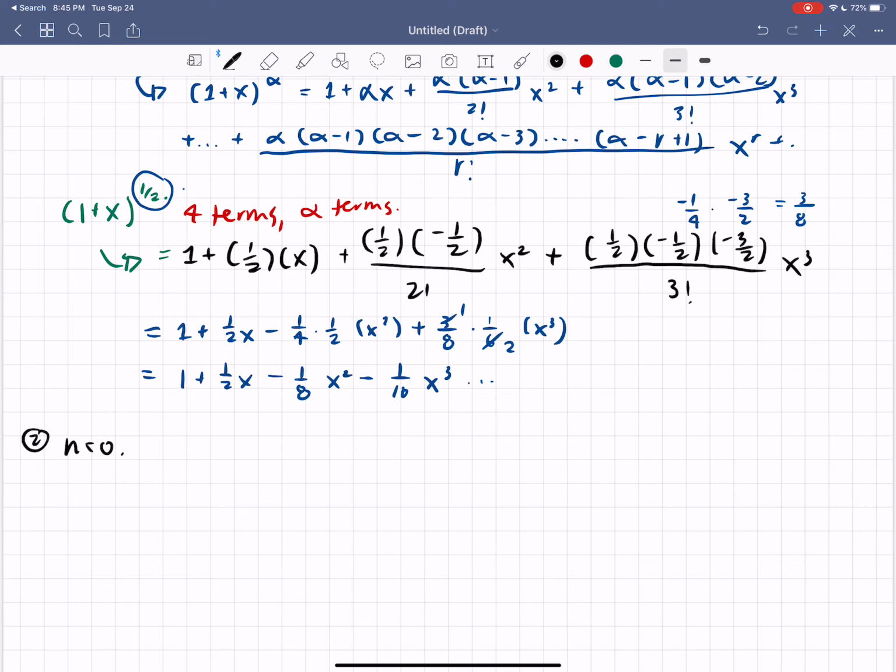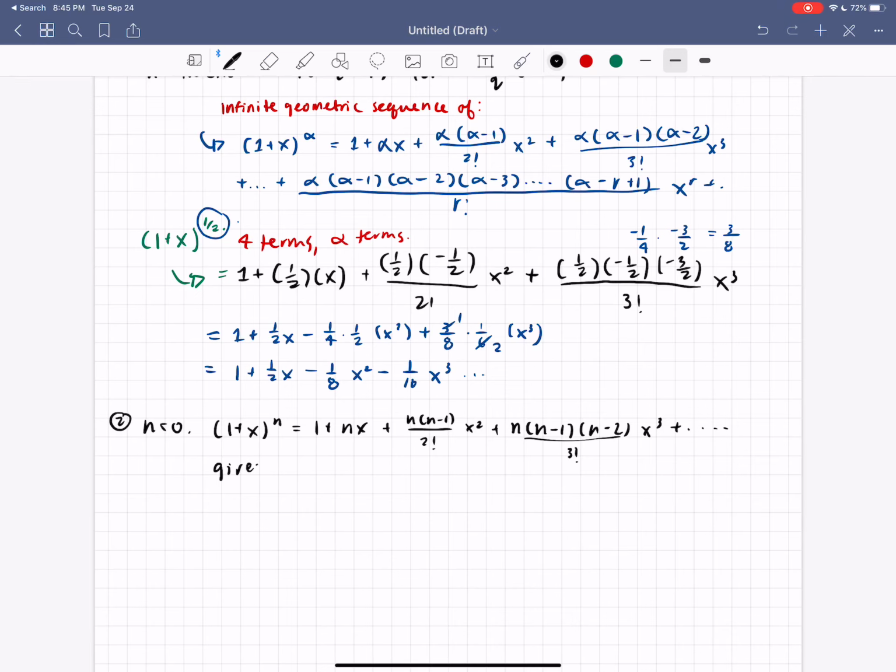All we'd have to do is use this formula: (1 plus x) to the n is equal to 1 plus nx plus n times (n minus 1) over 2 factorial x squared plus n times (n minus 1) times (n minus 2) over 3 factorial x cubed, and so on, given that, of course, n is less than 0, or n is negative.